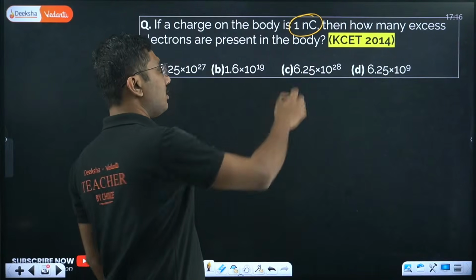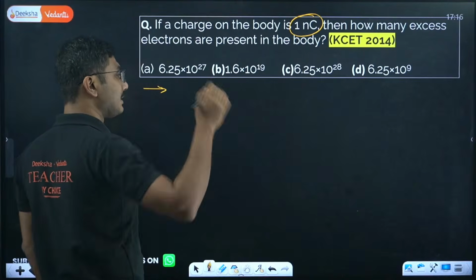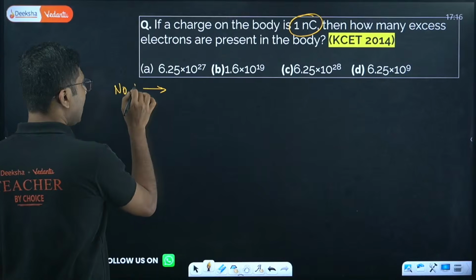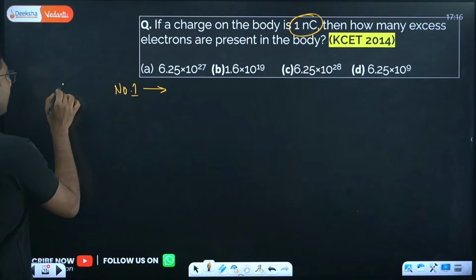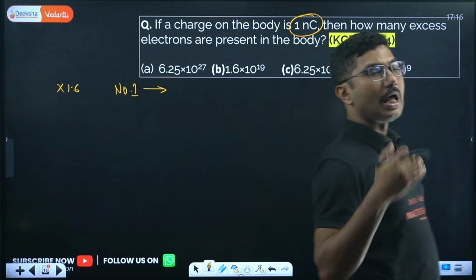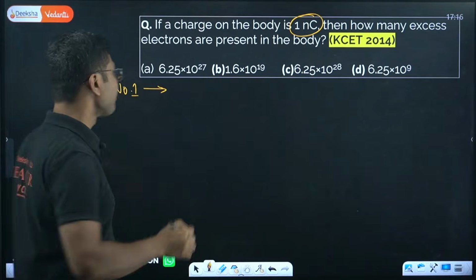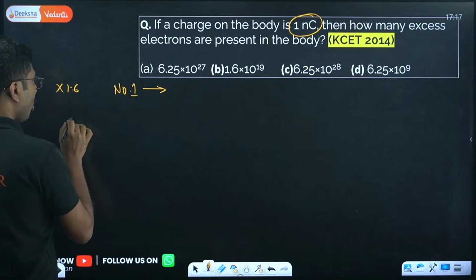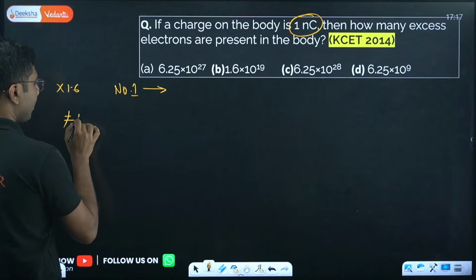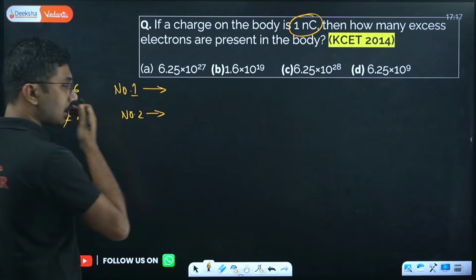If the charge is a multiple of 1.6, we use method number 1. For example 3.2, 4.8, 6.4 are multiples of 1.6, so for them we use method number 1. If it is not a multiple of 1.6, then we use method number 2. Both are shortcut methods.